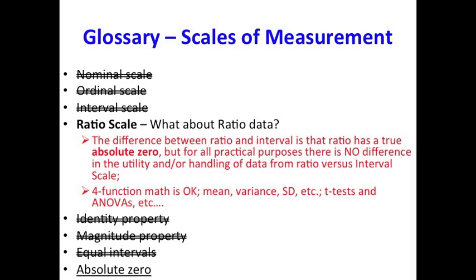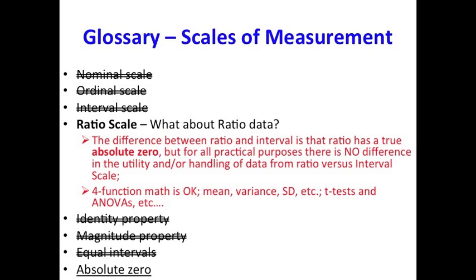Four-function math is okay with a ratio scale. You can calculate mean, variance, standard deviation, etc. The t-tests and ANOVAs are the classic inferential kinds of comparisons. But again, from a practical point of view, there's no consequential difference. There is no difference between the utility of an interval scale of measurement versus a ratio scale of measurement.